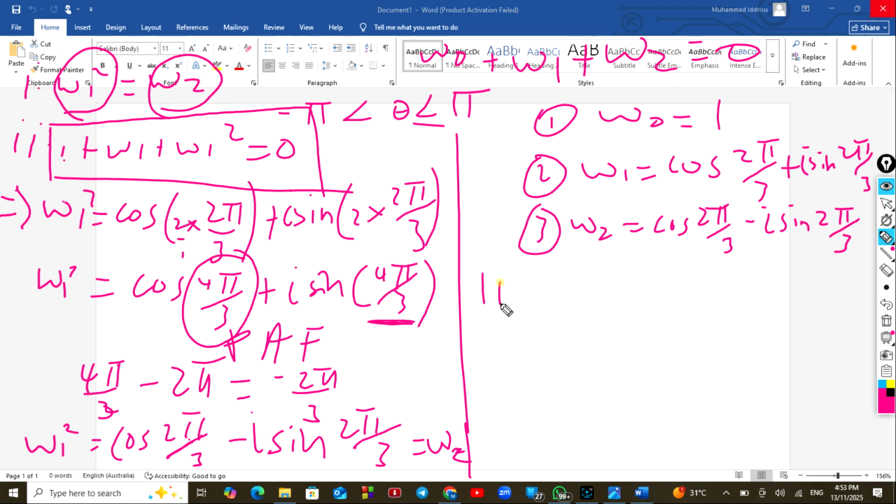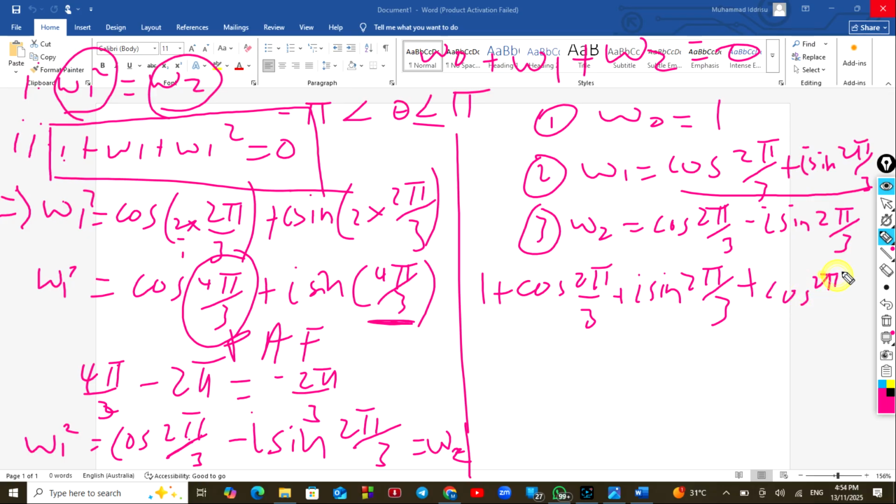So 1 plus W1, which is cos of 2 pi over 3 plus I sine 2 pi over 3, plus W1 square, which we just computed: cos of 2 pi over 3 minus I sine of 2 pi over 3.